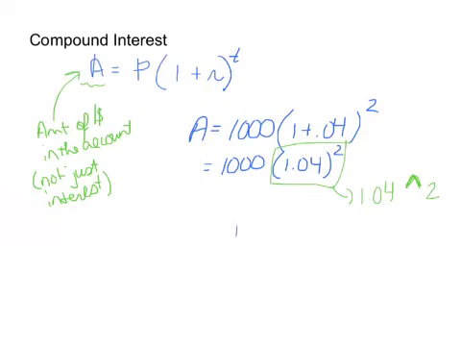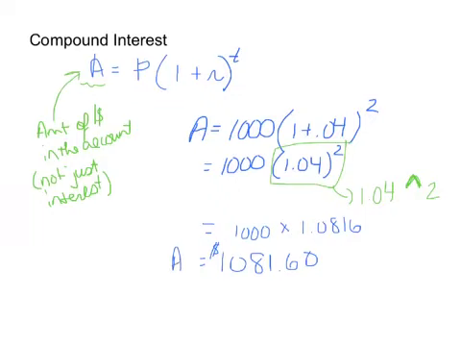In this case I get 1,000 times 1.0816, and when I multiply that, the amount in the account is going to be $1,081.60. While this might not seem like a whole lot of difference, simple interest was $1,080. This gives you an additional $1.60 over the course of 2 years. This might seem insignificant, but over the course of, say, 10, 20, 30 years, that $1.60 will become $160, $320, and it builds up a little bit more.